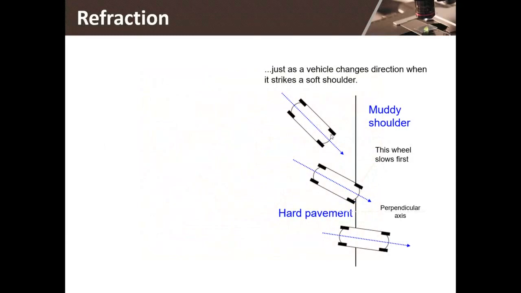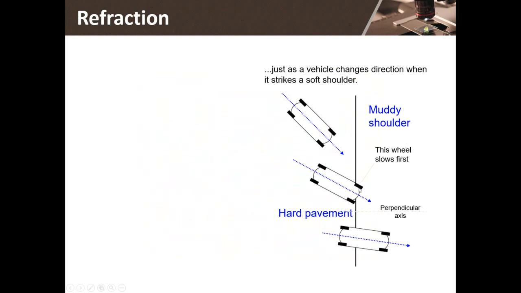Now, this is where the lenses come into play. When light hits different media or different substances, it tends to bend. So let's think about this example. Let's just say you're driving down the street on the hard concrete and you're going 55 miles an hour. All 4 wheels are going the same speed.